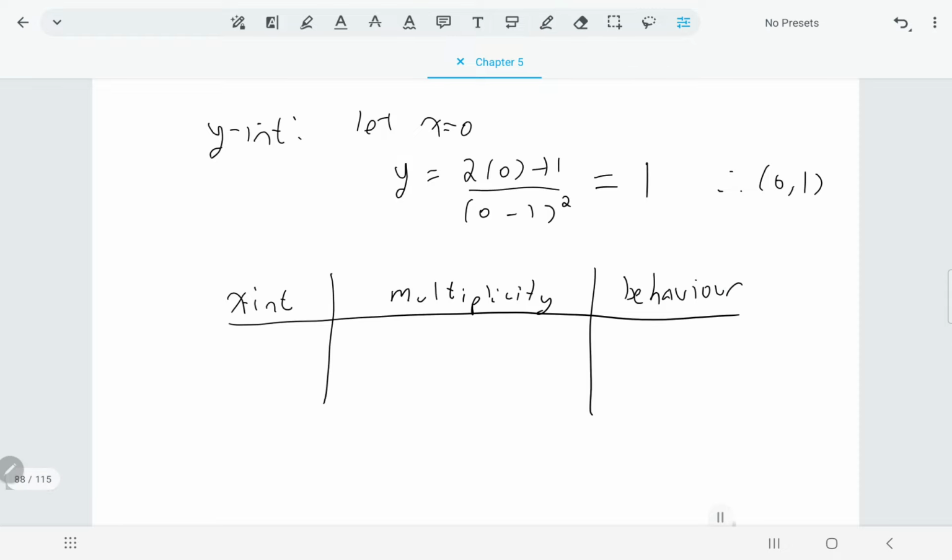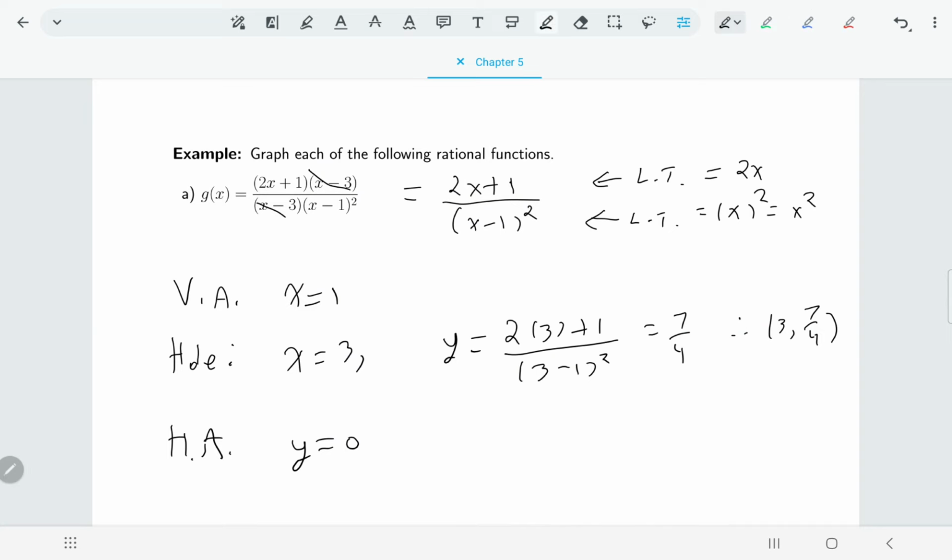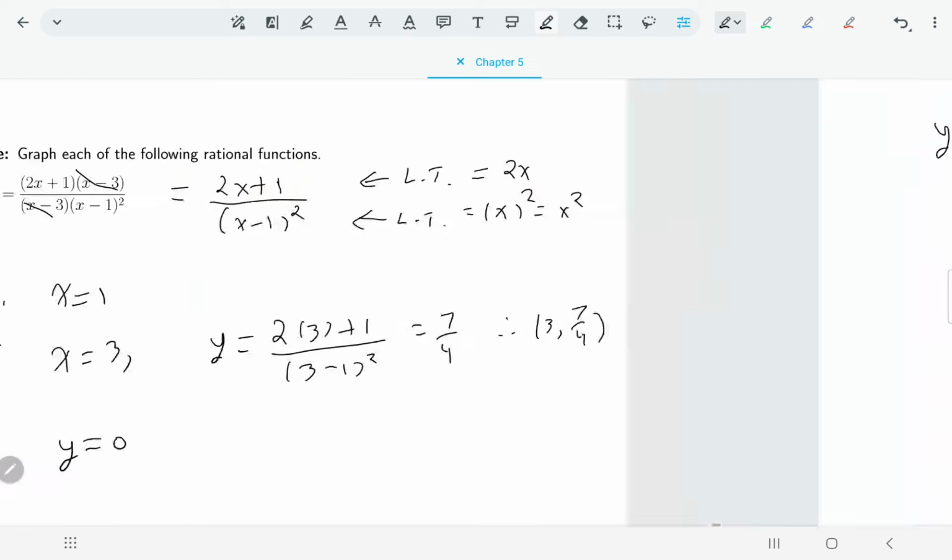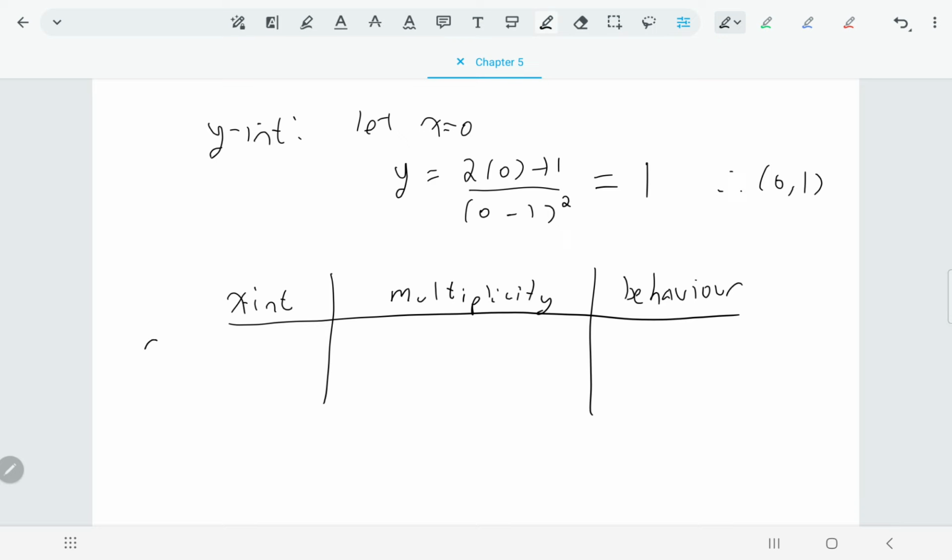Looking back at our function, remember, x-intercepts only happen when the numerator is equal to 0, and the numerator is only ever equal to 0 when x is negative a half. So we have an x-intercept at negative a half, 0. And the factor that gave us that only was there once, so multiplicity was 1, and odd multiplicity means we're going to be crossing the x-axis.